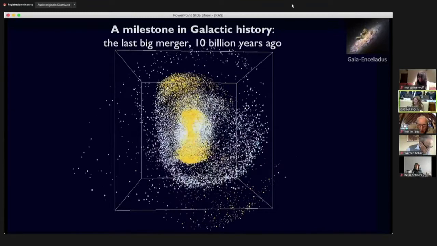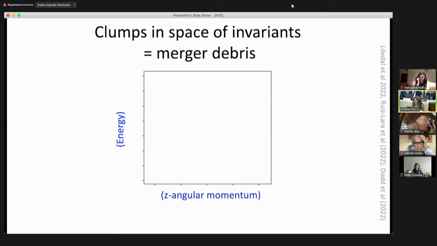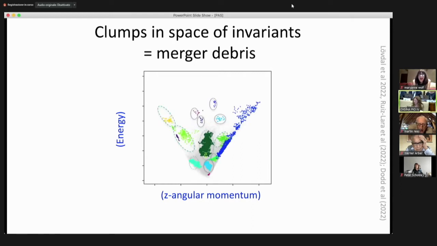This is not the only object that one has identified in the Gaia data, but I was talking about how memory is still present in some conserved quantities, in these invariants. And so what we expect is that in a space of energy and angular momentum, we should find lots of clumps that are associated to merger debris. And so if you run a clustering algorithm, for example, you indeed find lots of clumps.